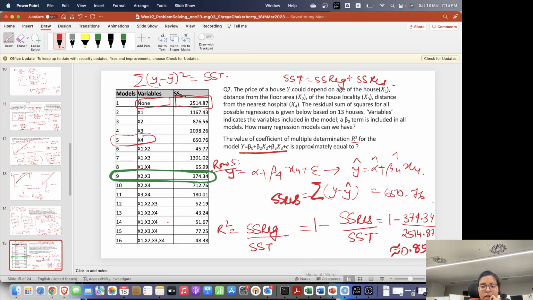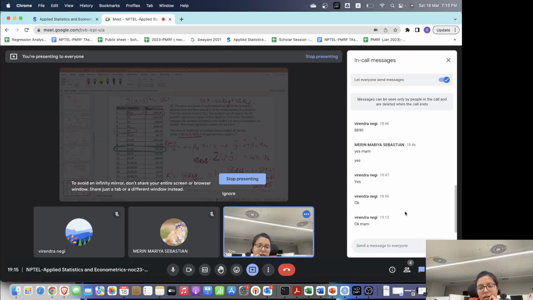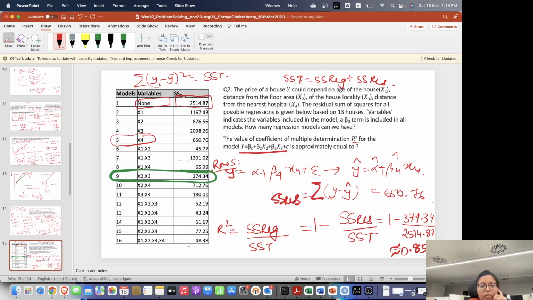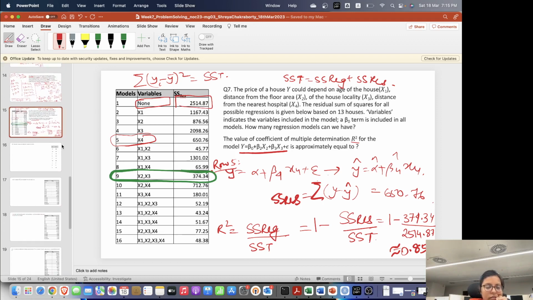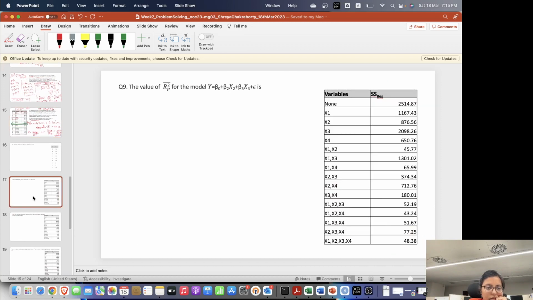Okay, fine. So, moving on. Okay. So, the value of Rp square for this model with x2 and x3.